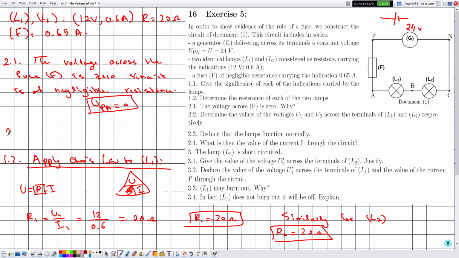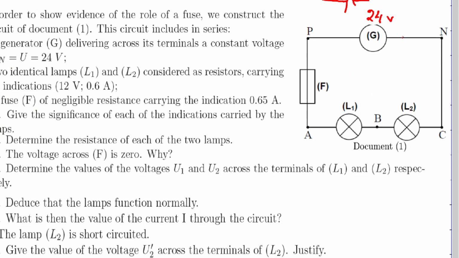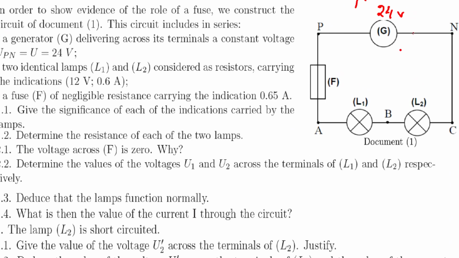Now in 2.2 we need to determine the voltages U1 and U2 across the terminals of L1 and L2 respectively. So we need to determine the voltage across the lamp L1, which is given by UAB, equal to U1, and the voltage across the lamp L2, given by UBC, equal to U2.